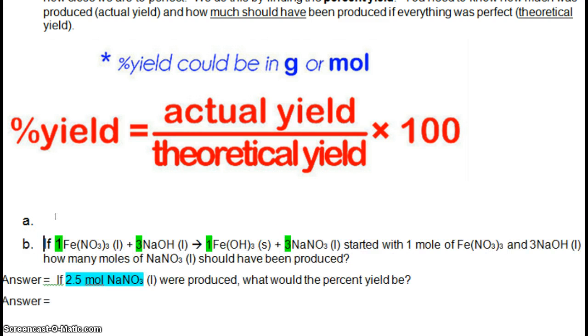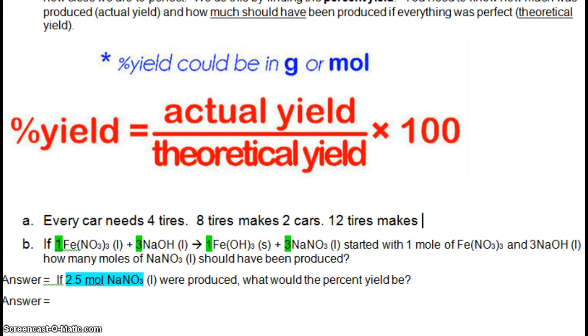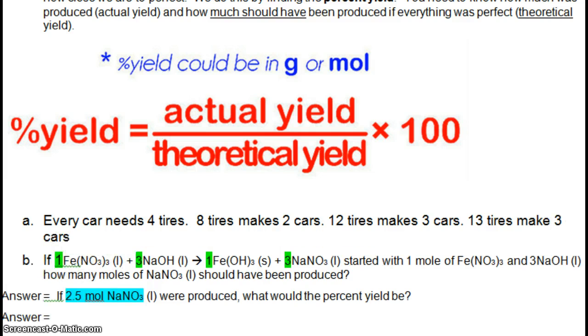Okay, think about if you are making cars and the tires. Let's pause for a second. So every car needs how many tires? 4 tires, right? So 8 tires makes 2 cars. 12 tires makes 3 cars. 13 tires make, still only 3 cars, right?